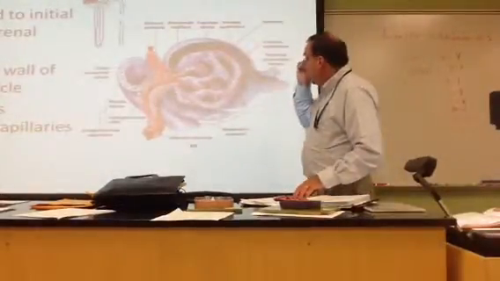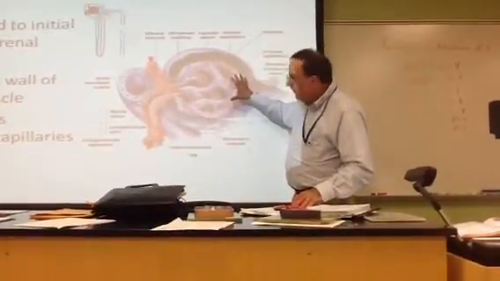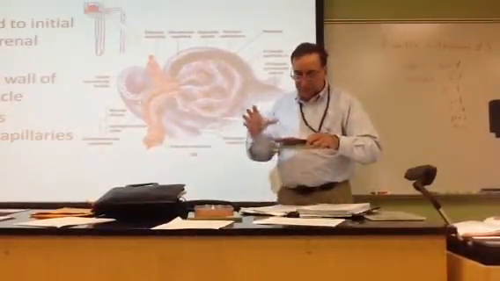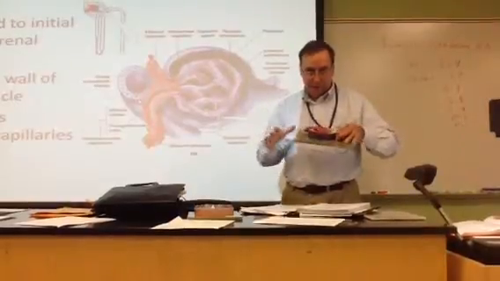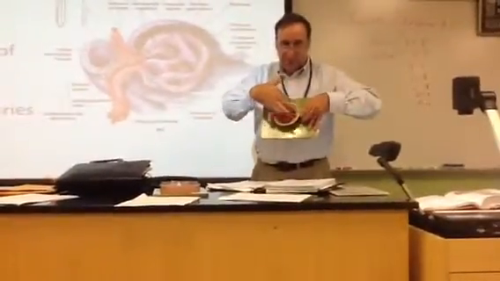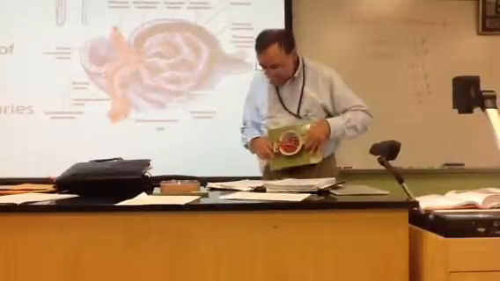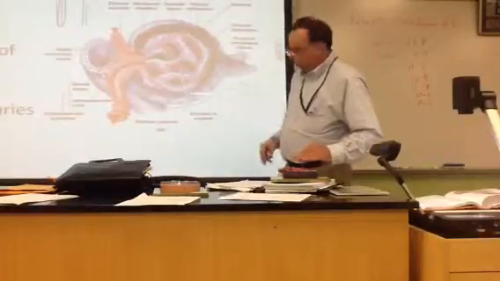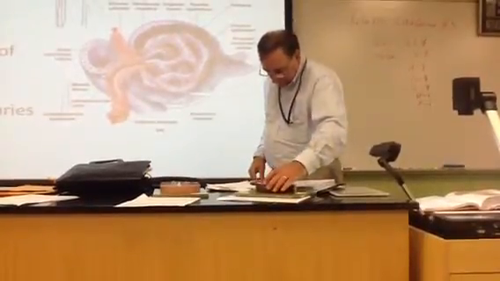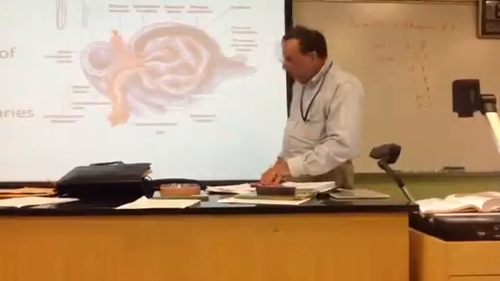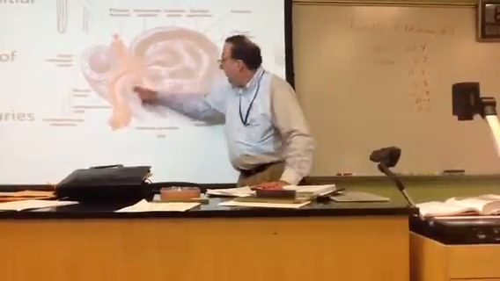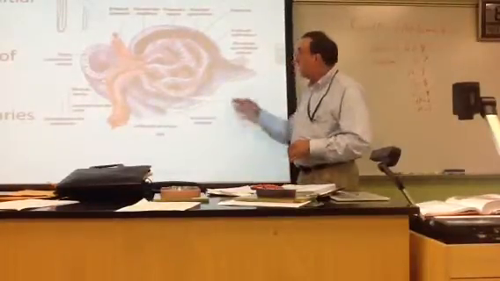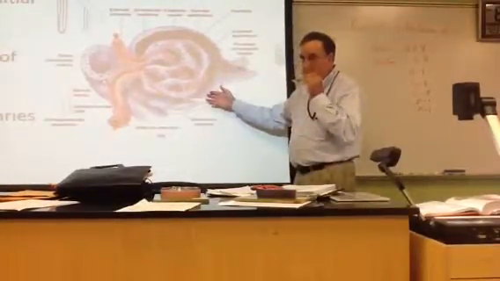So again, the renal corpuscle is two parts, the glomerulus and then the Bowman's capsule. The inside of the capsule wall is called the parietal layer of the Bowman's capsule.